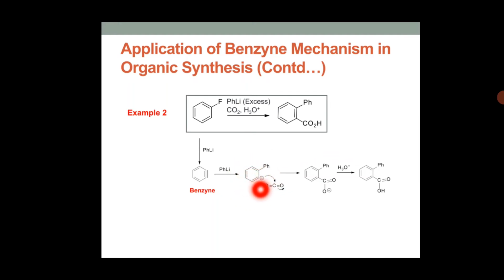This carbanion attacks the carbon dioxide that is present in the reaction mixture, and then we get the carboxylate ion. The carboxylate ion on further protonation gives 2-phenyl benzoic acid.